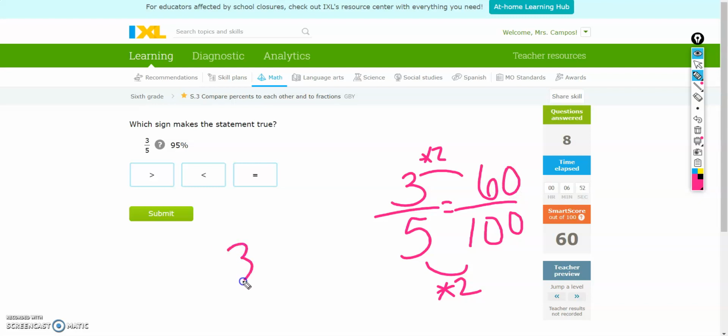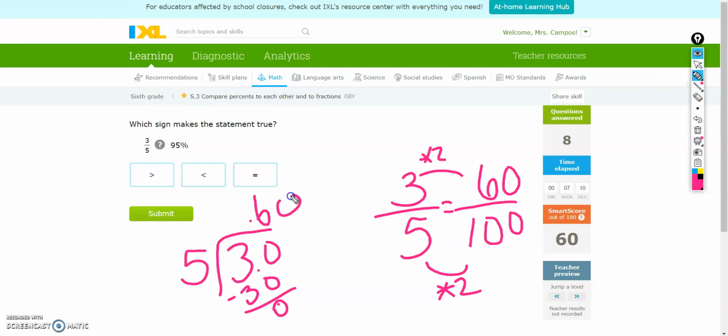Otherwise, I could have done the other strategy, 3 divided by 5, and got the same answer. You choose what you want to do. But 60% is going to be less than 95.